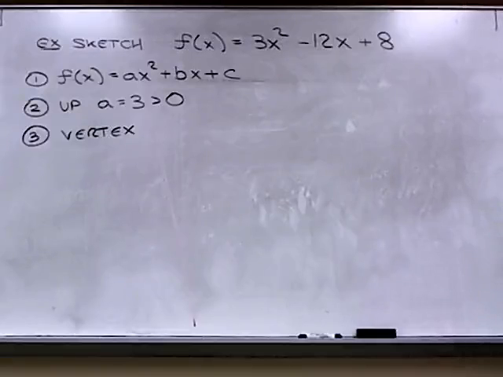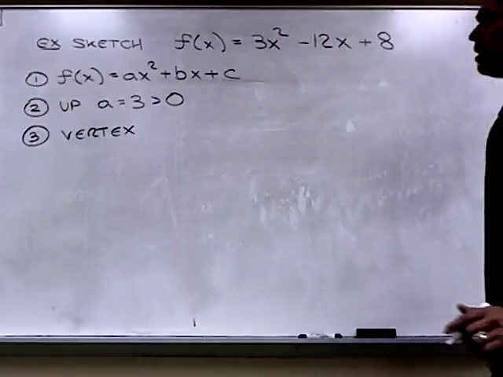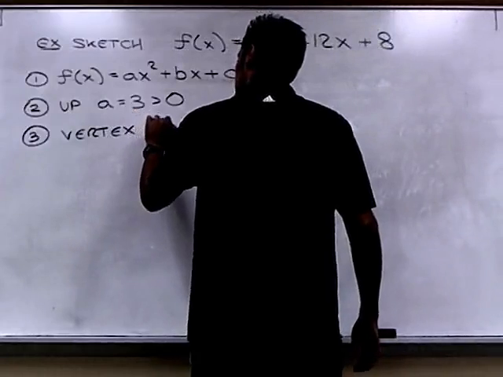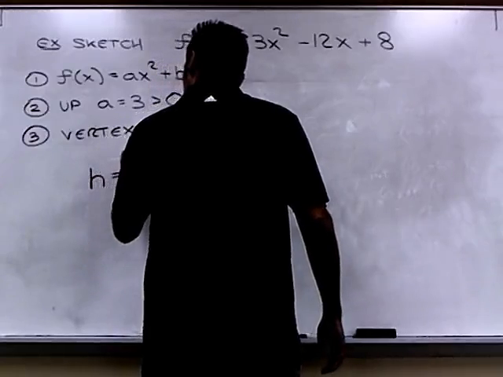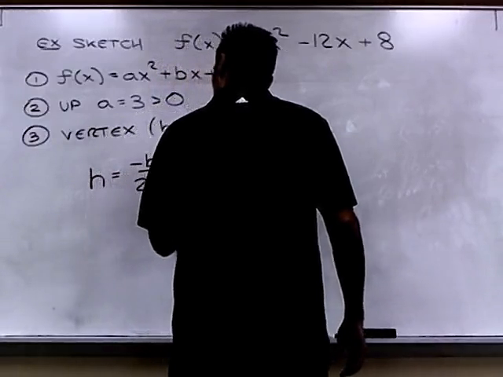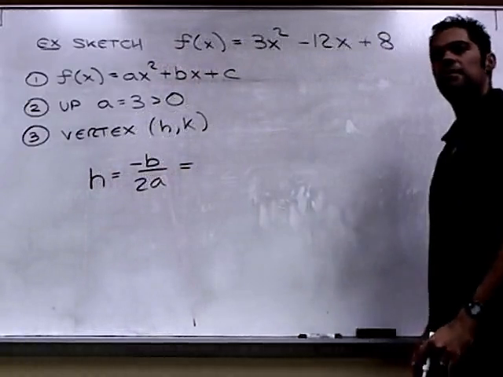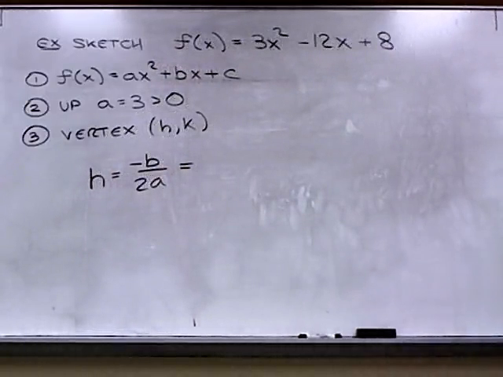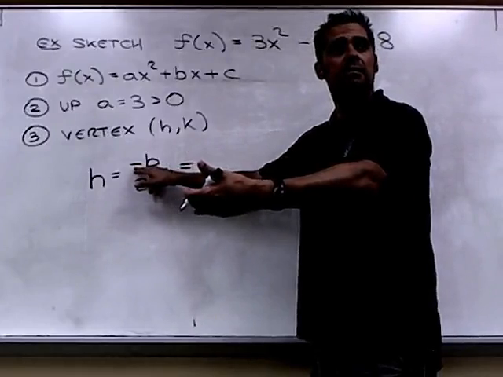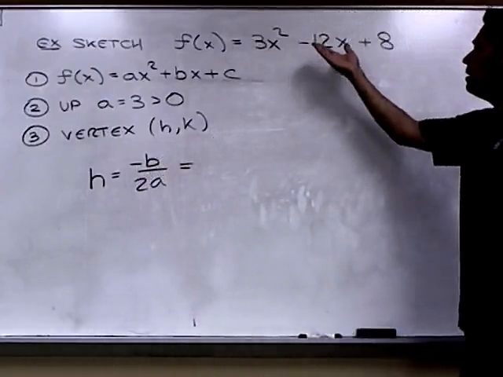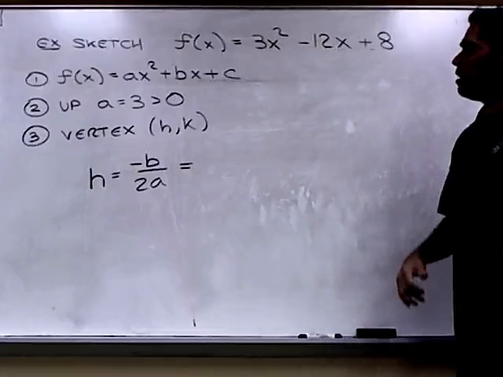So we have to use that formula I gave you. The formula said to get h, k, h would always be negative b divided by 2 times a, wouldn't it? According to what I said? Now, for us, what is negative b? It's the opposite of b, isn't it? What's b for us? Negative 12. So what's the opposite of negative 12?